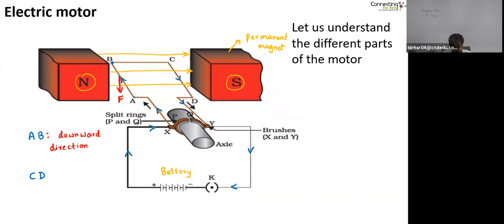Let us look at the next part of the coil, CD, where the current is flowing in the opposite direction. It's coming back towards us. So once again, by applying Fleming's left-hand rule, you can determine that the force is in the upward direction.